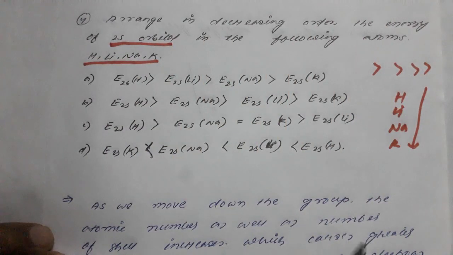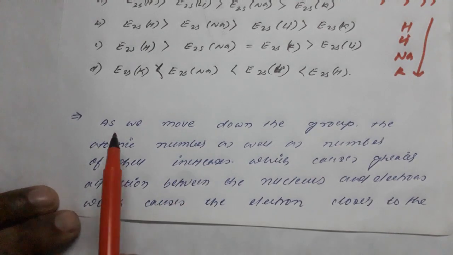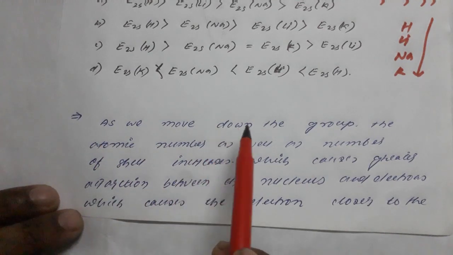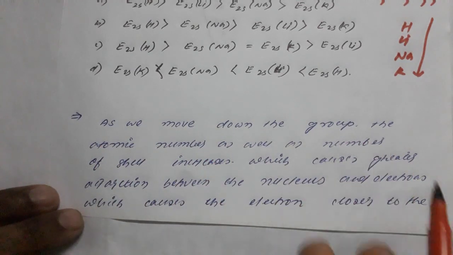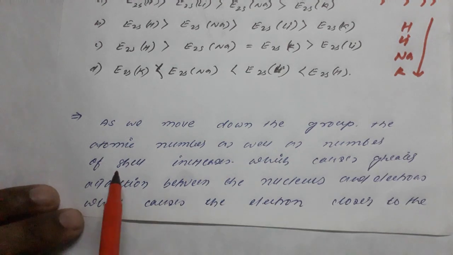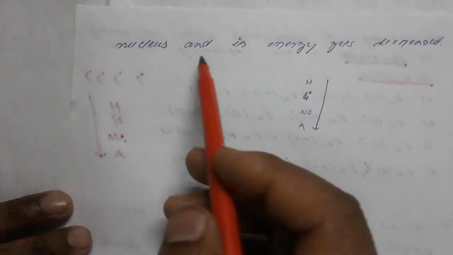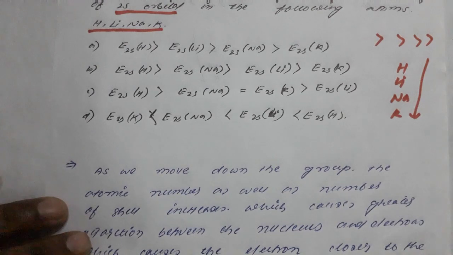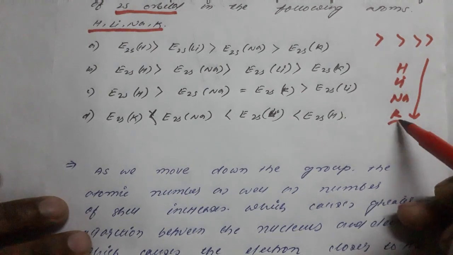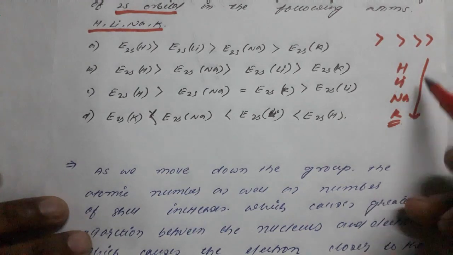Now look, the concept behind this is this. As we move down the group, the atomic number increases, as well as the number of shells. This causes greater attraction between the nucleus and the electron, which brings the electron closer to the nucleus, and its energy gets decreased.